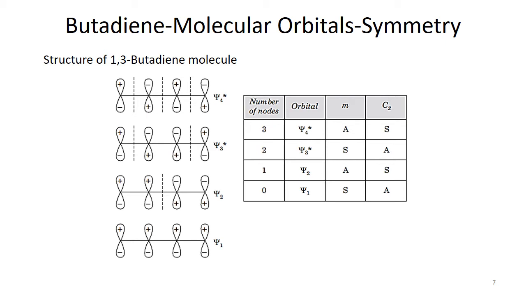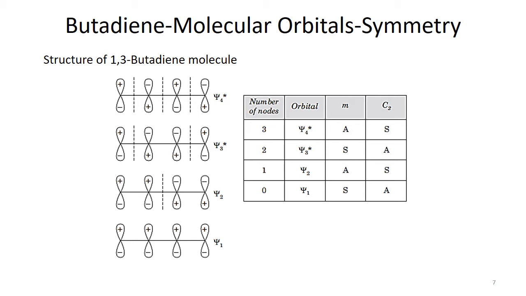But in psi2, because they were opposite signs in half of the molecular orbital, when we invert it by 180 degrees, it goes to the symmetrical structure. Psi3 is again asymmetric and psi2 is symmetric with respect to C2.